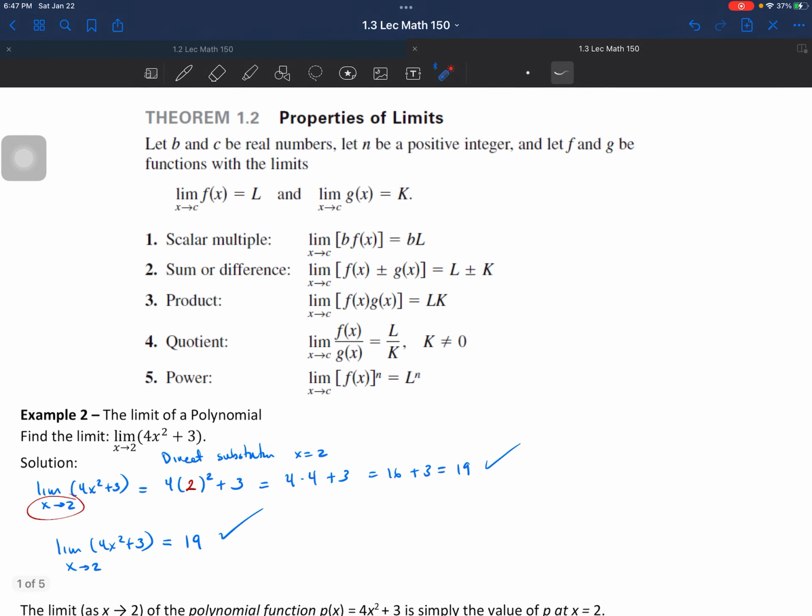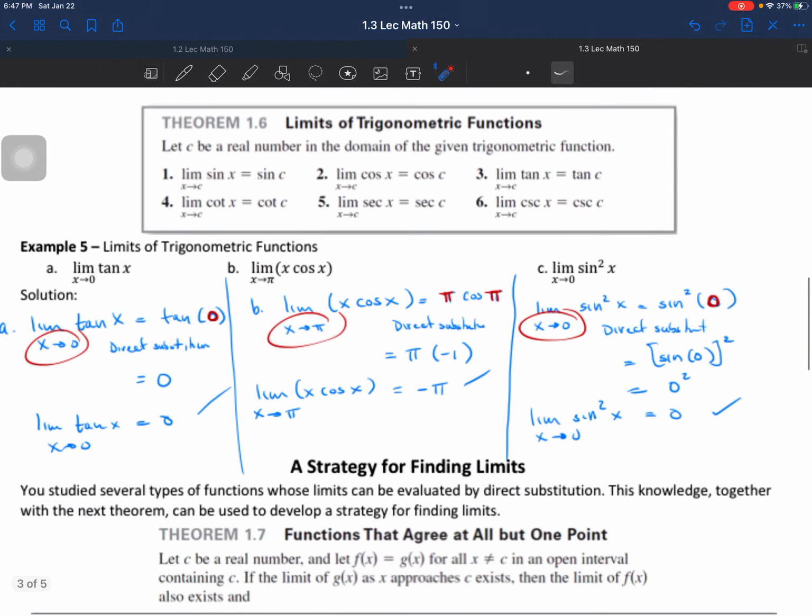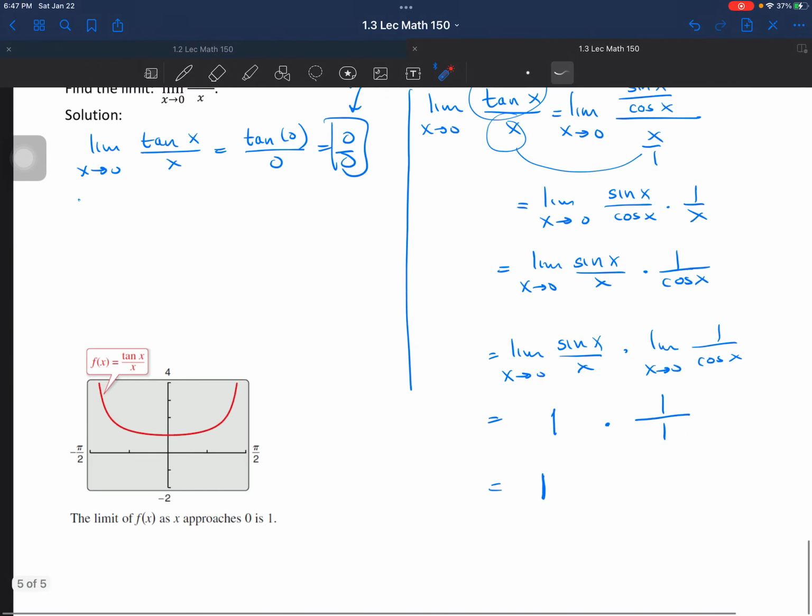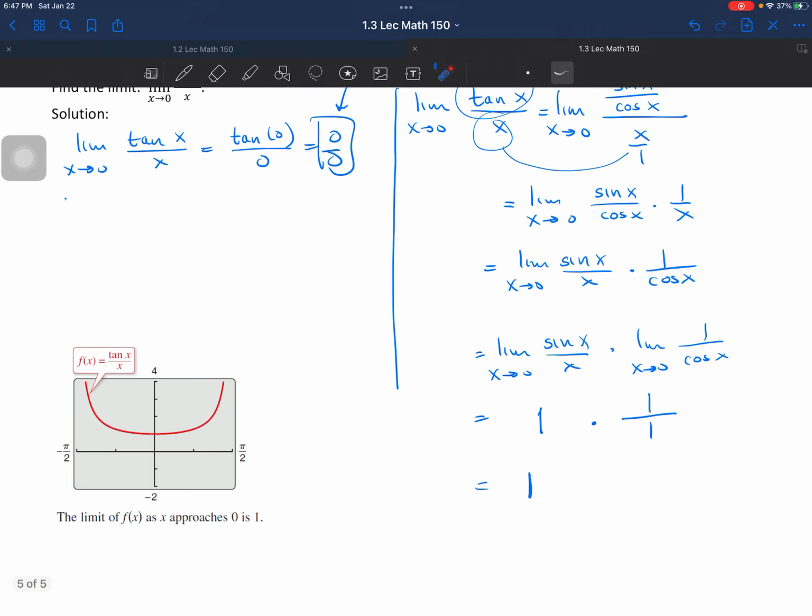We are allowed to separate the two products as long as we know that the limit of this exists and the limit of this exists at x equals c. So it's a very important component. And so there you go. We were able to find the limit of tangent of x over x.